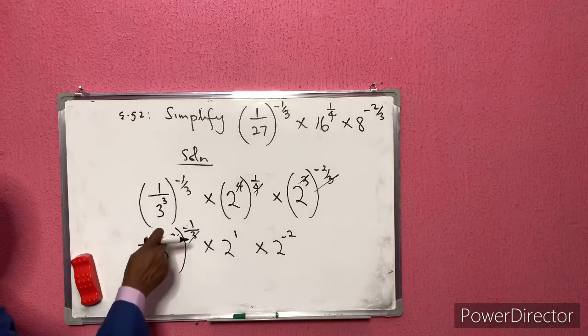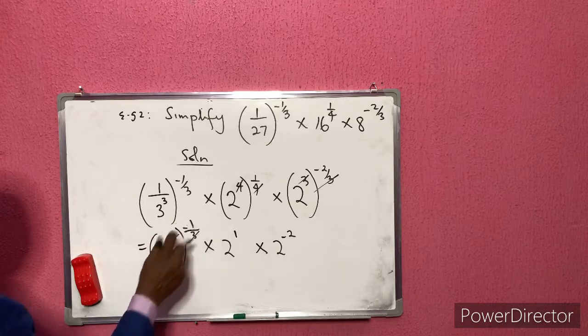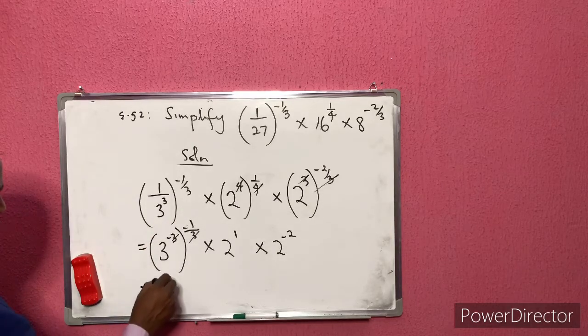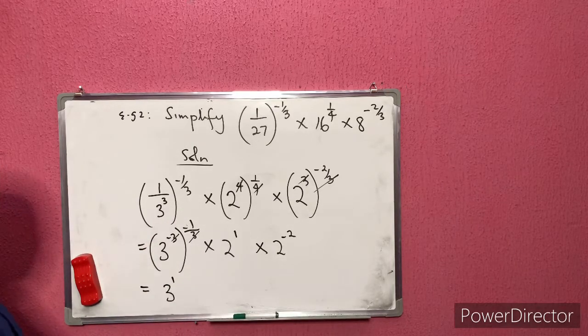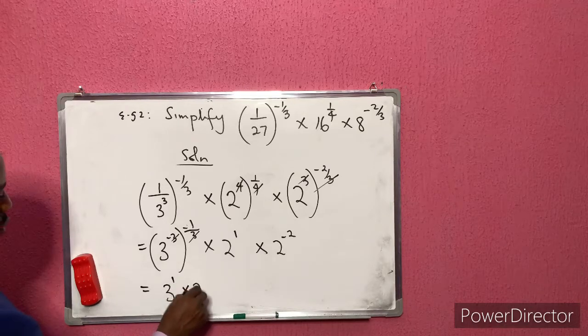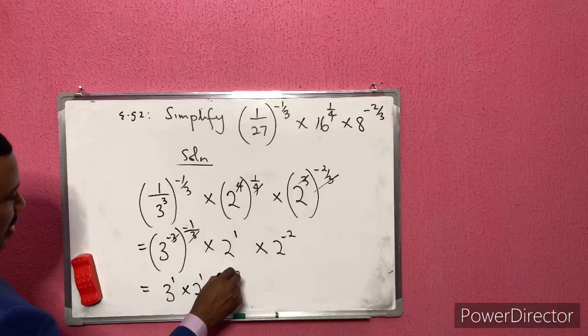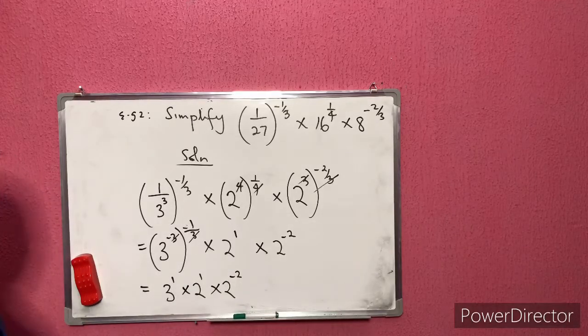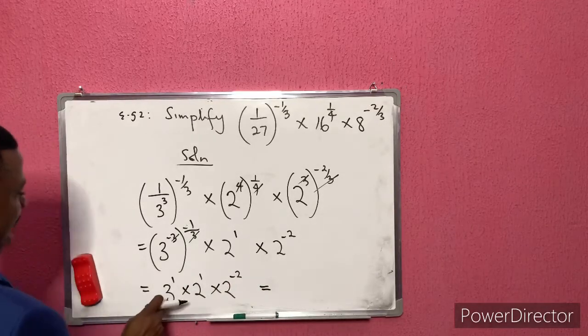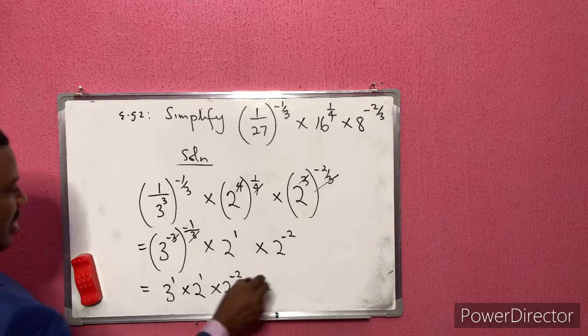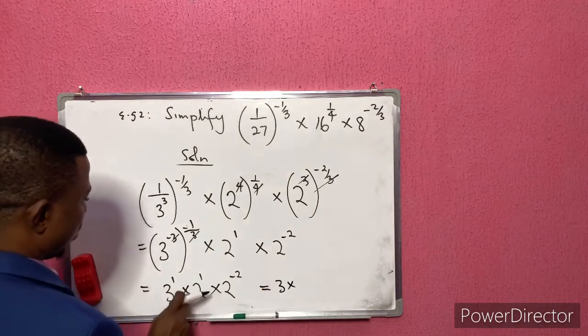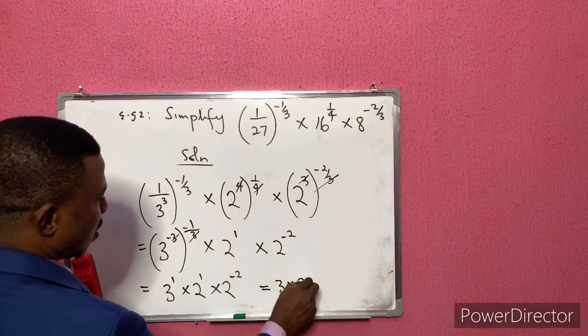You have 1. Minus 1 times minus 1 is 1. Multiply by 2 power 1. Multiply by 2 power minus 2. This will give us 3 power 1 is just 3, and 2 power 1 is just 2.